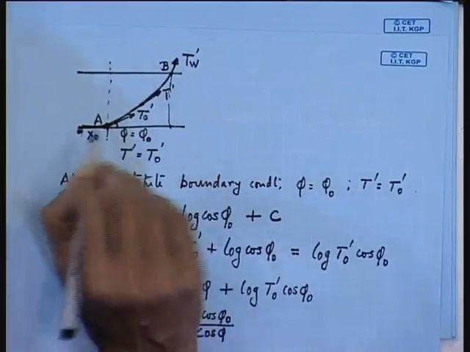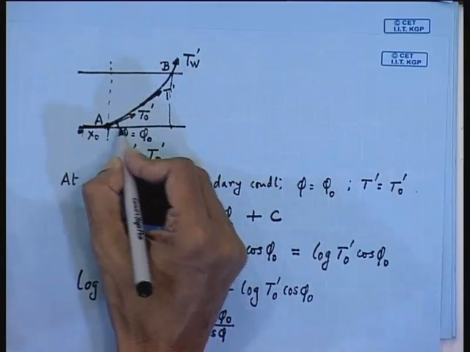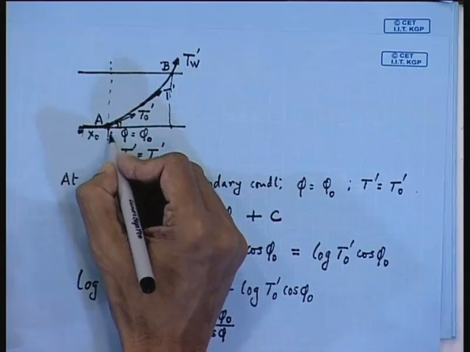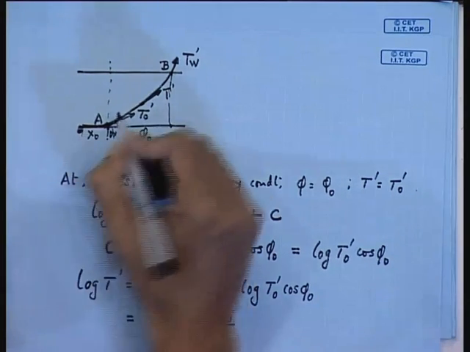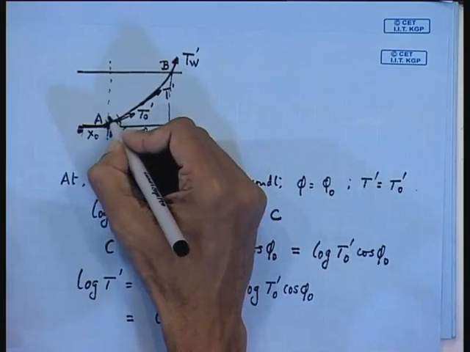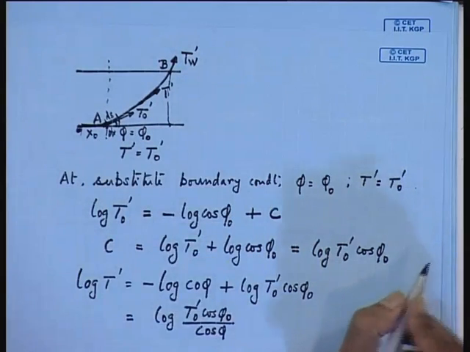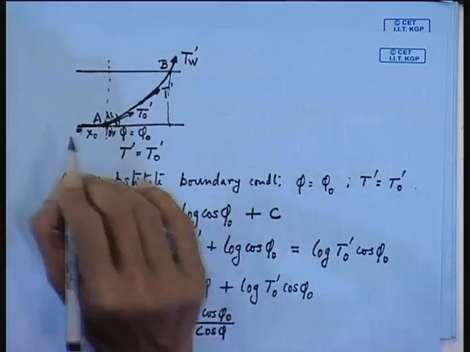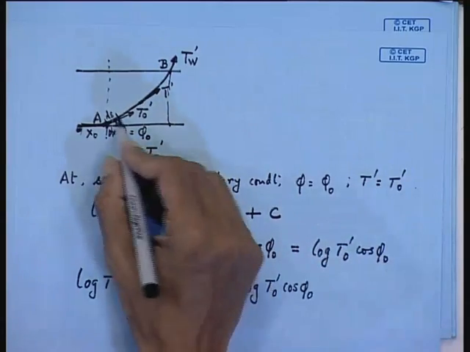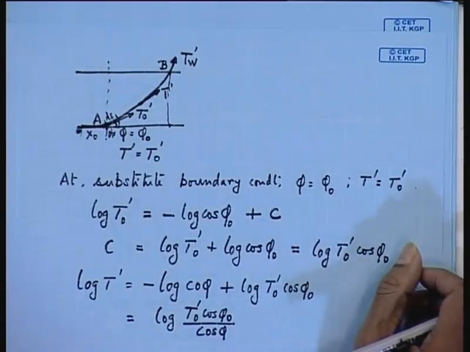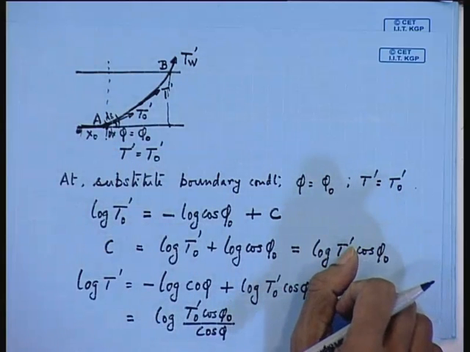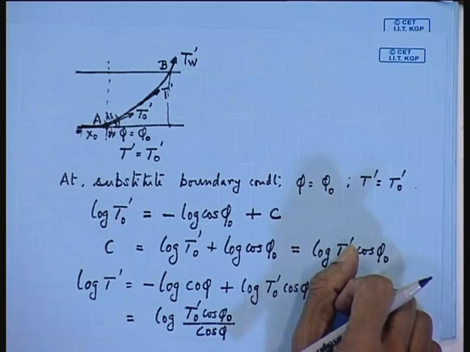Say you take an element of length along this line, call it dx, and this length is ds. Now can you get the expression? The angle is phi. So from this you can calculate dx. That is, dx is ds cos phi.